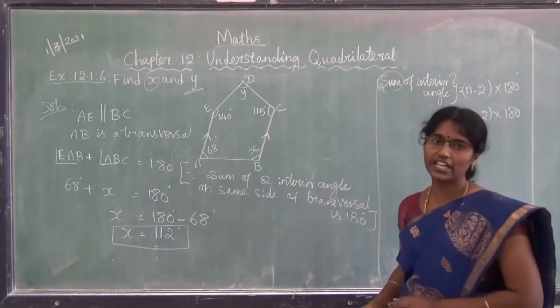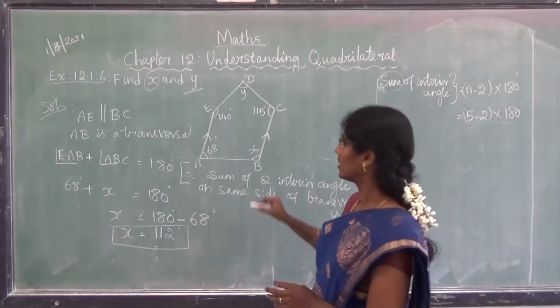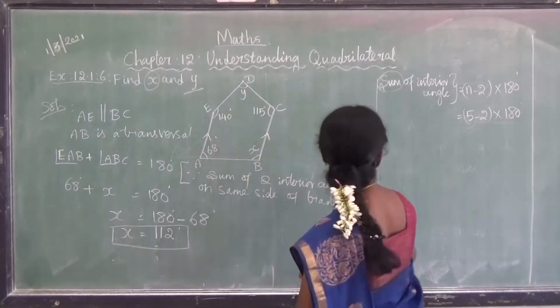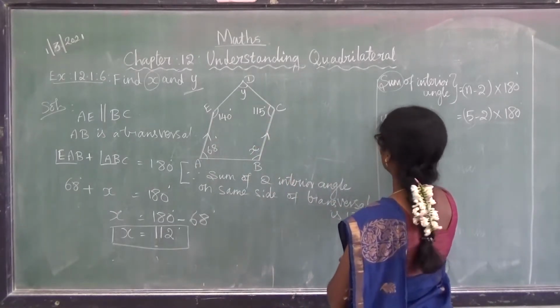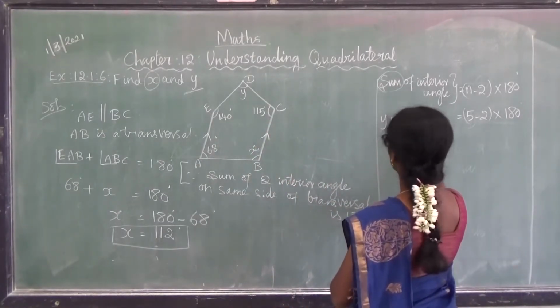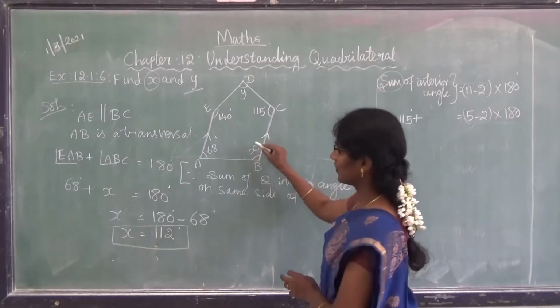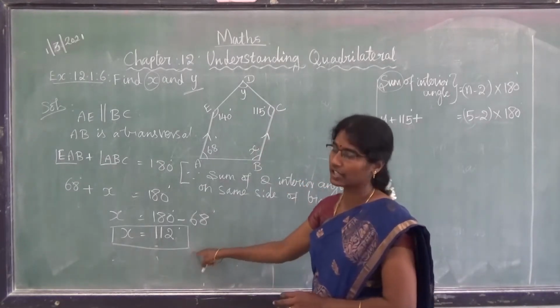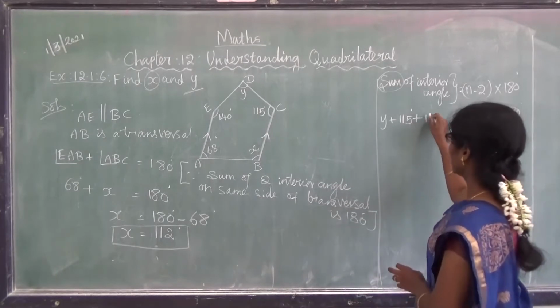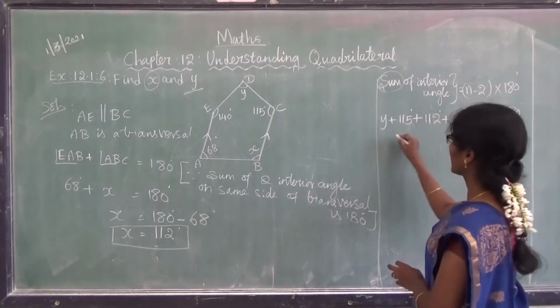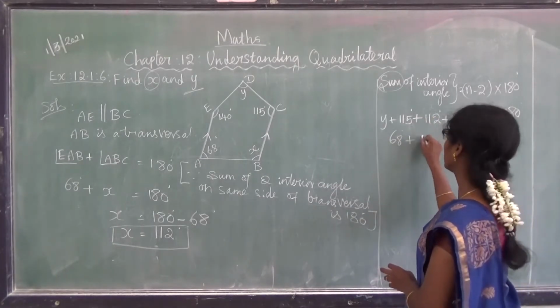Sum means we need to add all the interior angles. So what are the interior angles? It is y plus 115 plus x. Instead of x we found the value of x as 112, so I will substitute that. It is 112 plus 68 plus 140.